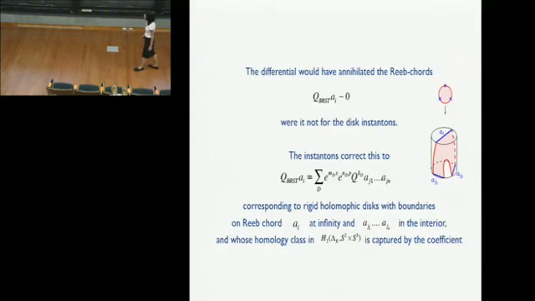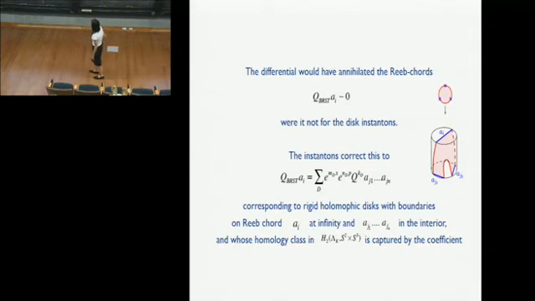Okay. So the algebra has a differential, which would have annihilated the chords were it not for disk instantons. So the instantons correct this to something like this, whose interpretation is the following.